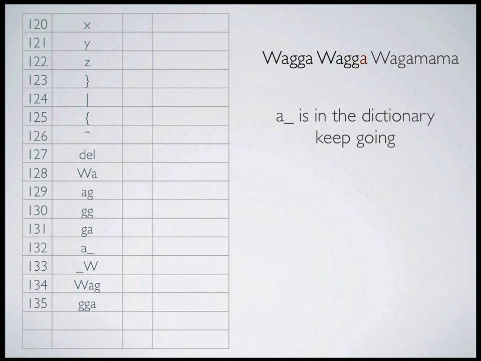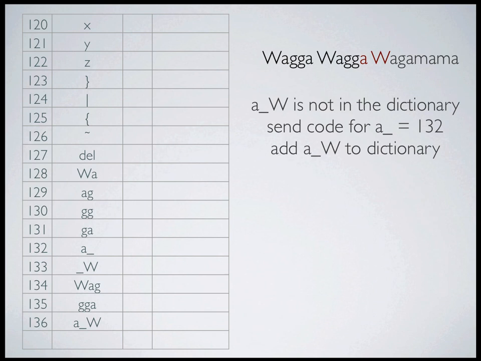A space is in the dictionary. It's there at slot 132. So we keep going. A space W is not in the dictionary. So we'll send the code for A space, which is 132. And then we'll add A space uppercase W to the dictionary.